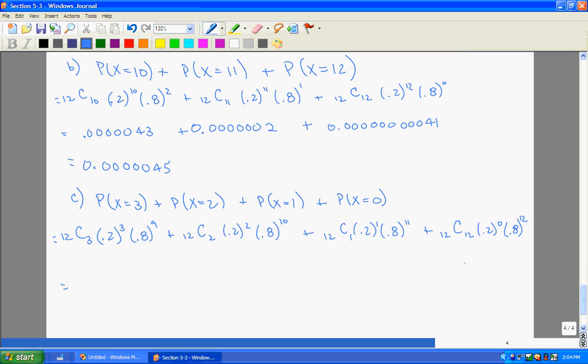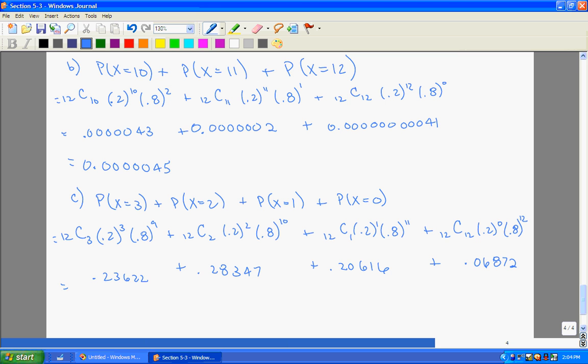So for 0, I have 0.06872 is that probability that he gets none of them right. That he gets one of them right, 0.20616, that he gets two of them right, 0.28347, and that he gets three of them right, 0.23622.